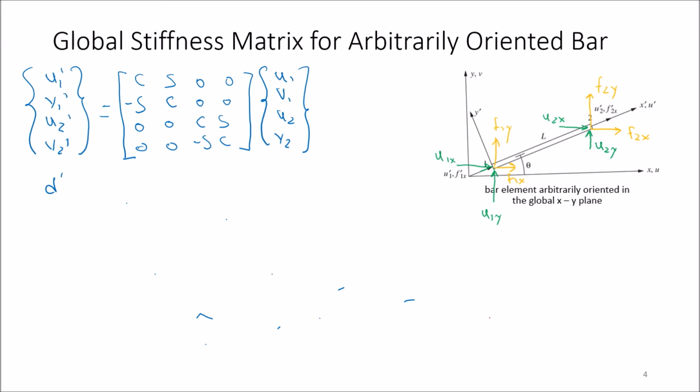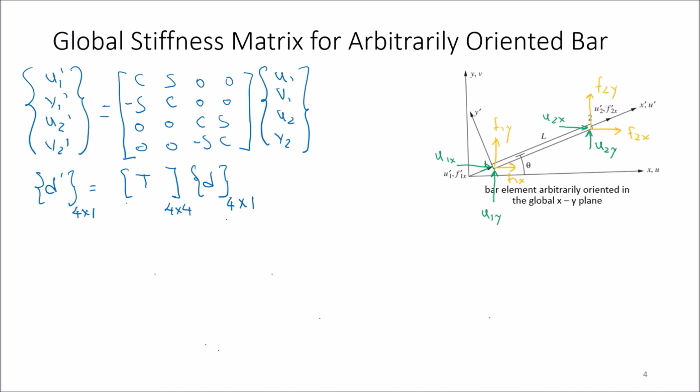So I can write here d prime equal to a T multiplied by d, where clearly here this is a 4 by 1, a 4 by 4, and a 4 by 1.